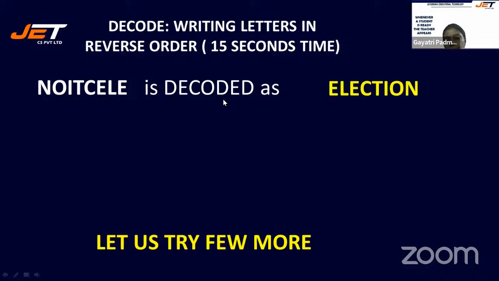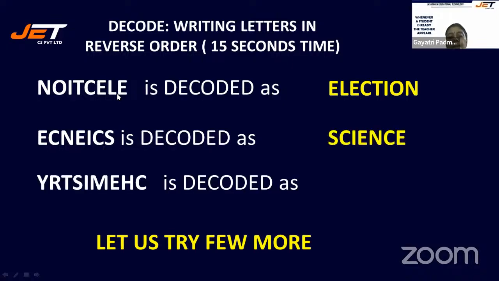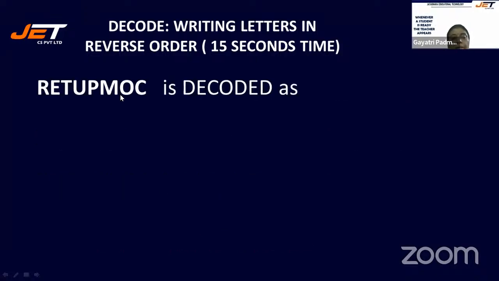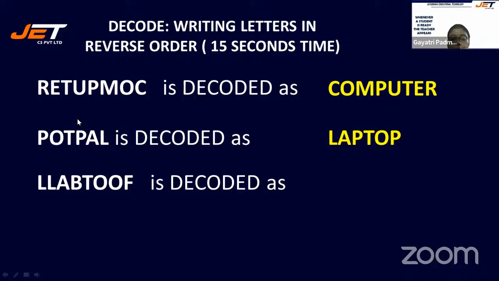So now you have to write it in the reverse. ELECTION, which is election. Next, you have ECNEICS. So it is SCIENCE. Right. Next, YRTSIMEHC is decoded as chemistry. CHEMISTRY. Right. Now we have RETUPMOC is decoded as COMPUTER. Computer. Next, you have POTPAL. It is decoded as laptop. LAPTOP.